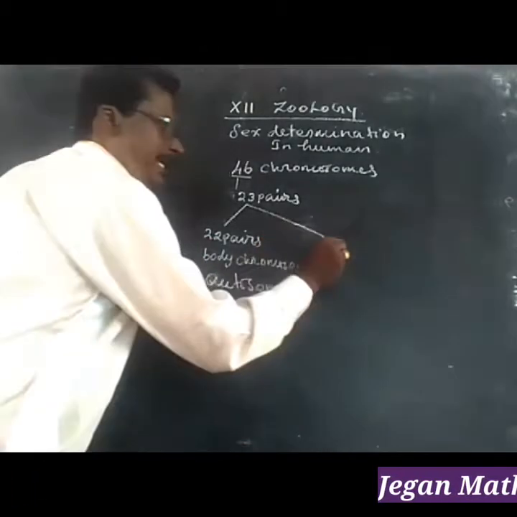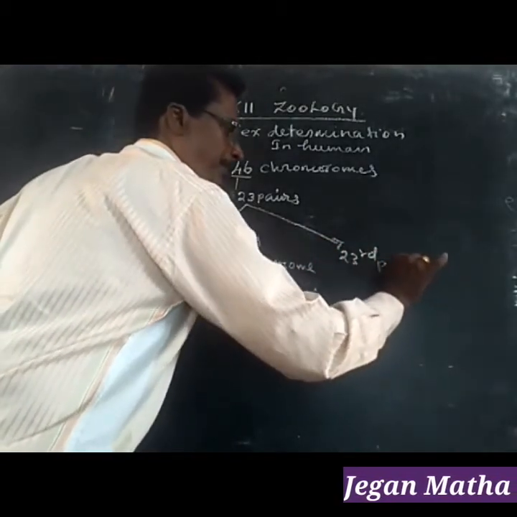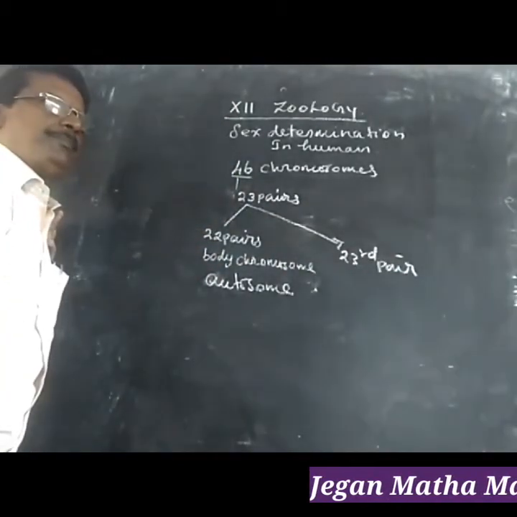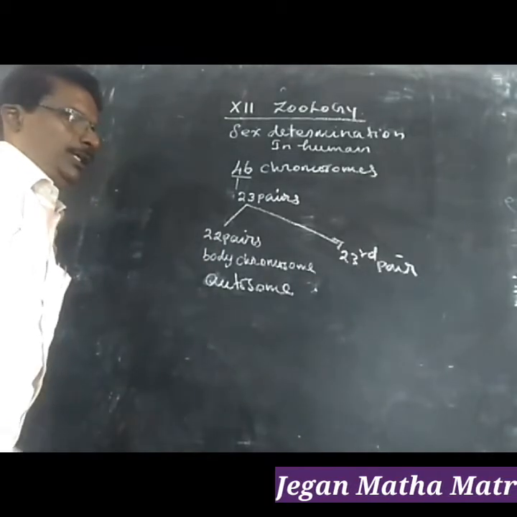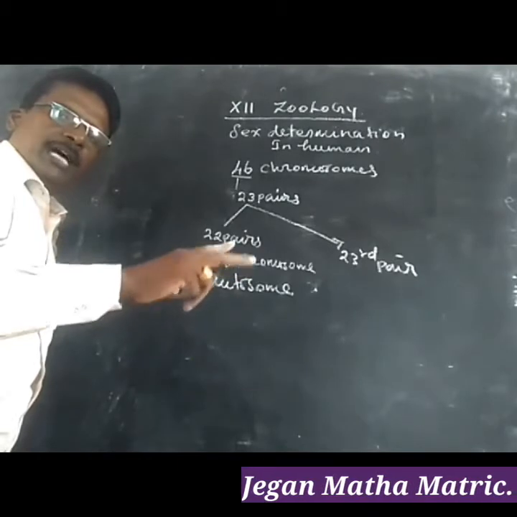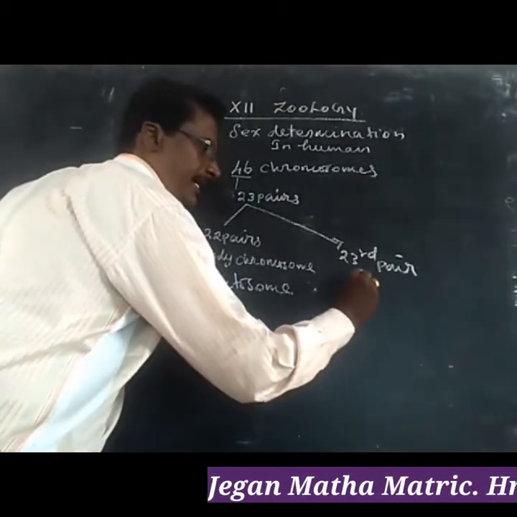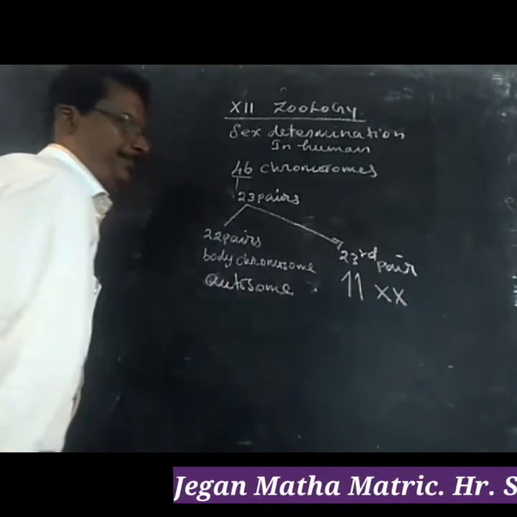The 23rd pair determines the sex. In the 23rd pair, if both of them are identical, it means they are XX.